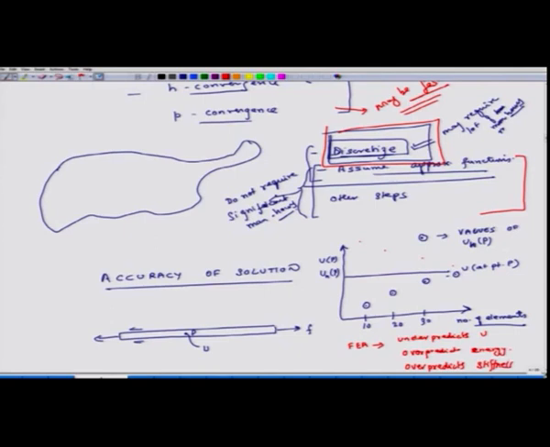Okay. It over predicts stiffness. So what we will try to understand in the next several lectures is the mathematical reason, some basis for understanding this. That is what we are going to explore.